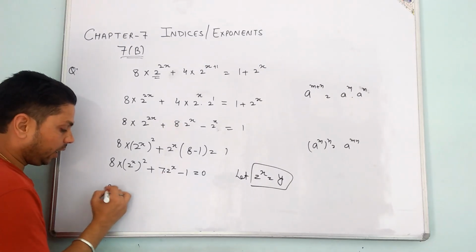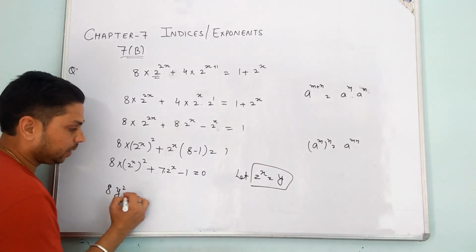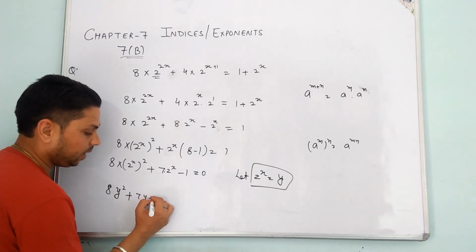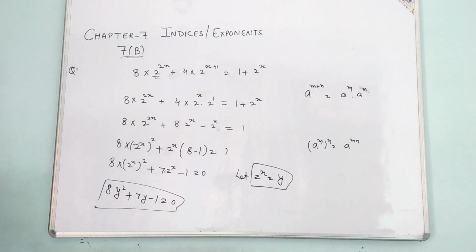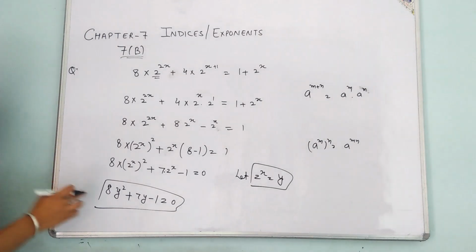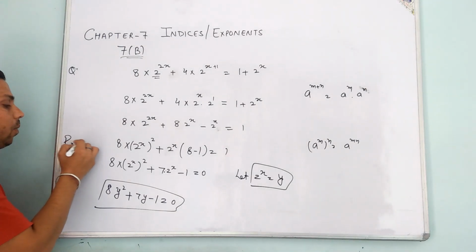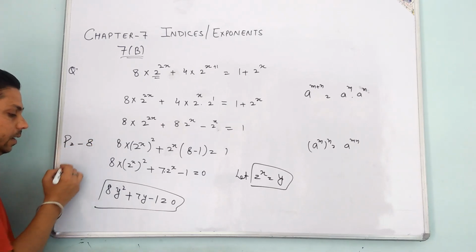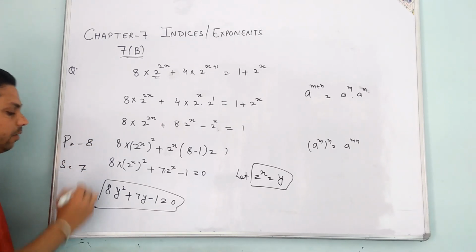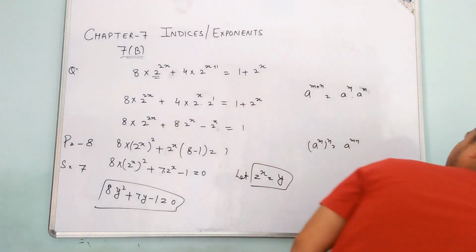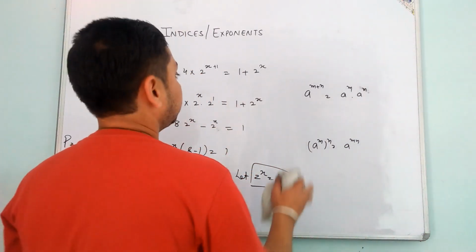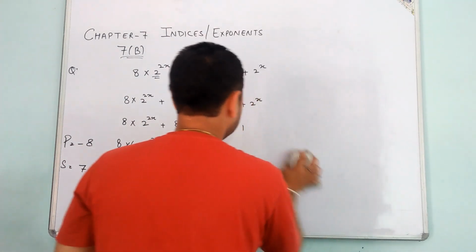Now it will give you 8y square plus 7y minus 1 is equal to 0. So this is a quadratic equation where the product is minus 8 and the sum is 7. So we have to split this term into two parts where the product is minus 8 and the sum is plus 7.